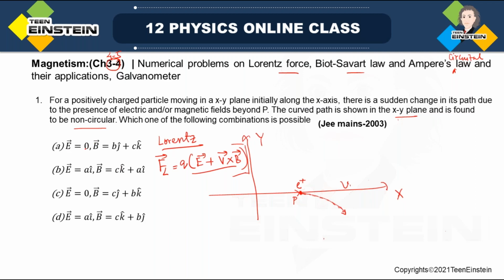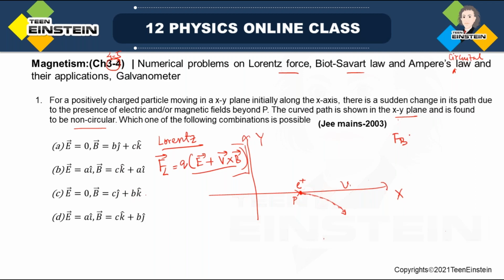So the first option is E equal to 0. That means the charged particle is moving under a magnetic field only. If that is the case, then for option A and option C, the charged particle will have only magnetic force.